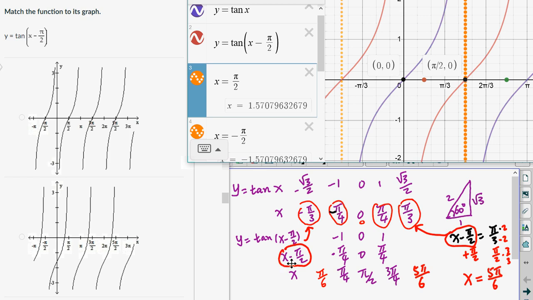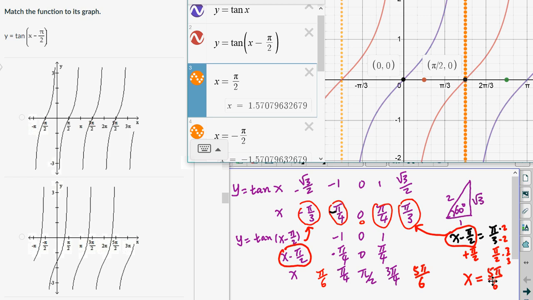Now we need x minus pi over 2 to be this value. So that's why I wrote it here. Then you add pi over 2 on both sides so x stands alone. You add pi over 2 and pi over 3 together, make denominators common.